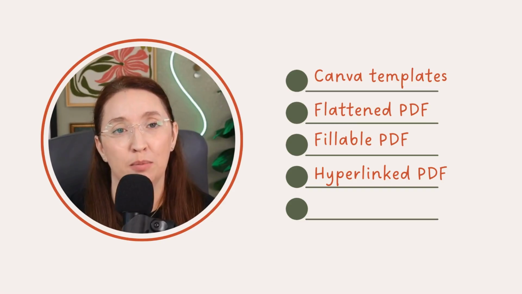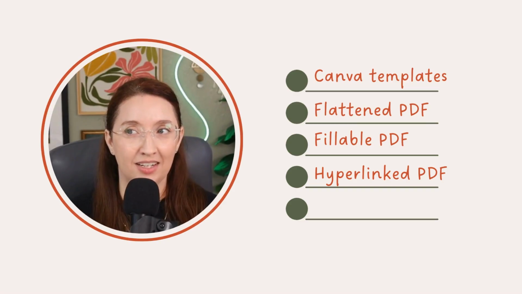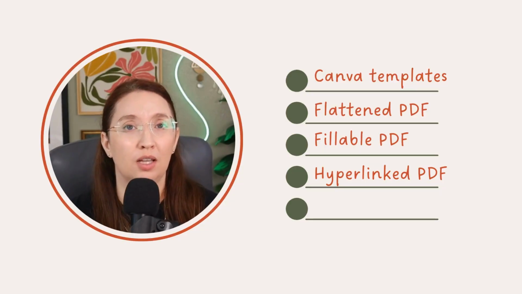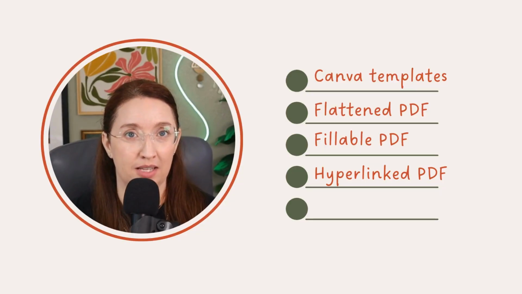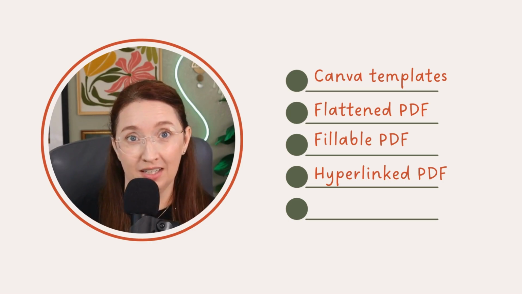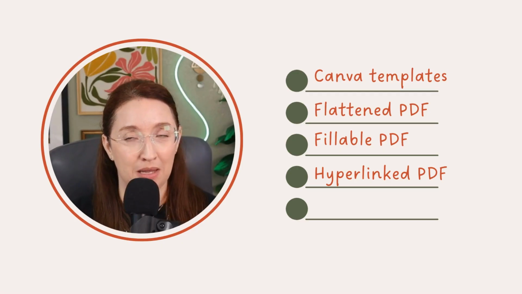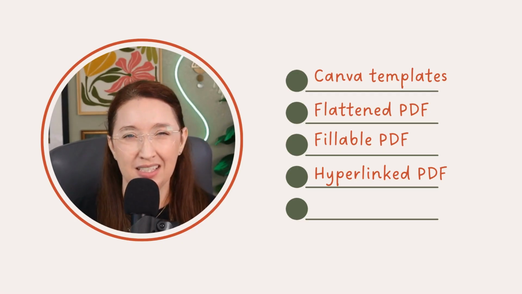This is just one example, and I'm going to show you how to do that as well. Another use case for a hyperlinked PDF would be a bundle of different templates or products. You might create one PDF that has multiple links on it, maybe some Canva templates, maybe another PDF. That gets a little complicated, so we'll definitely talk about that as well.